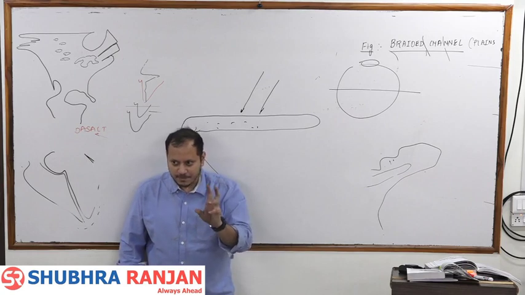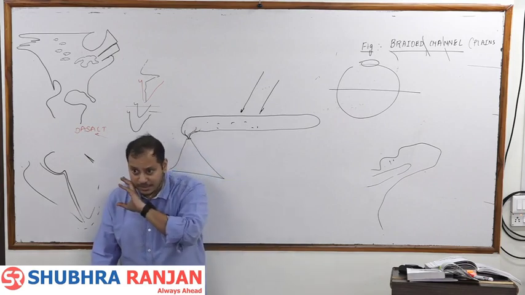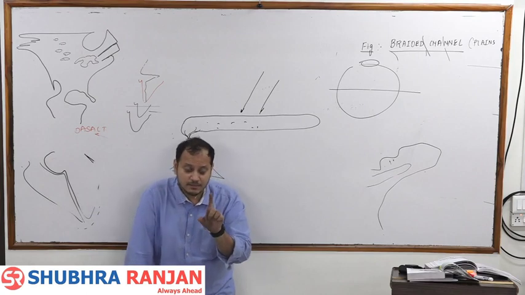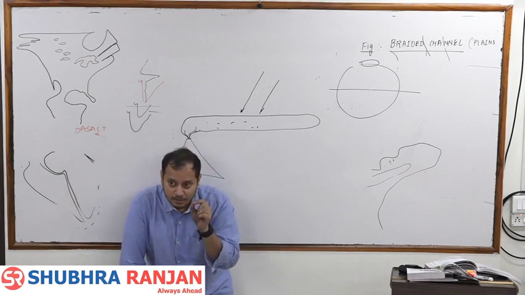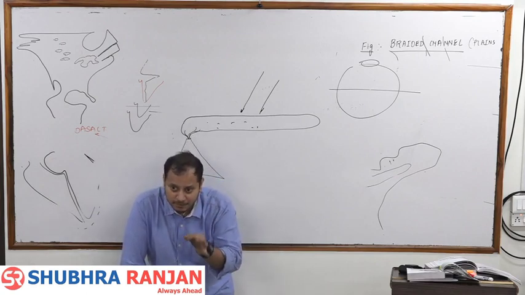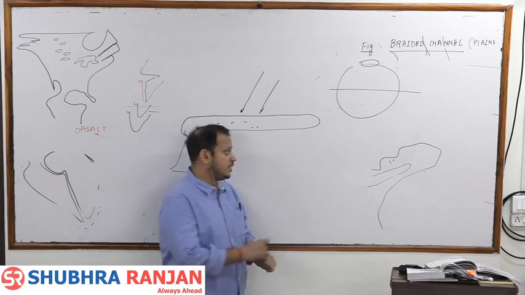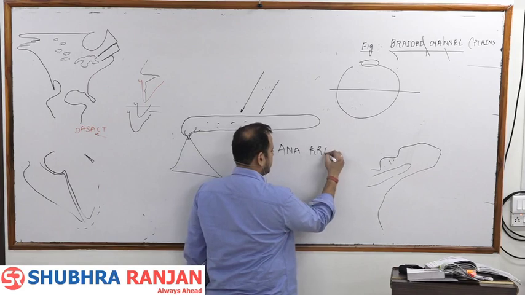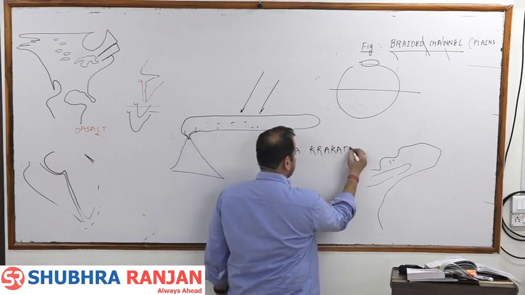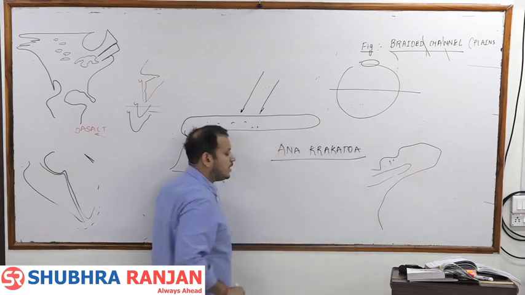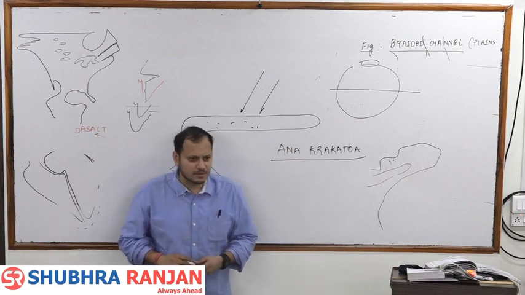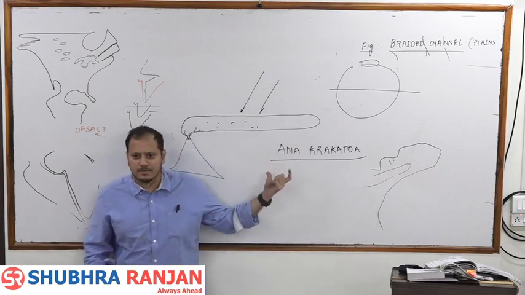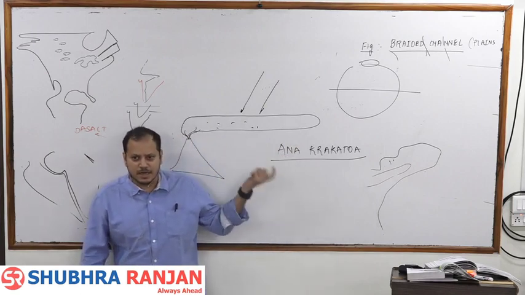Fine? If there is a large scale volcano... last year there was one volcano of which only a small part erupted. If you have studied for prelims, you must have studied it: a volcano in Indonesia which erupted, Anak Krakatau. Anak means child of Krakatau.